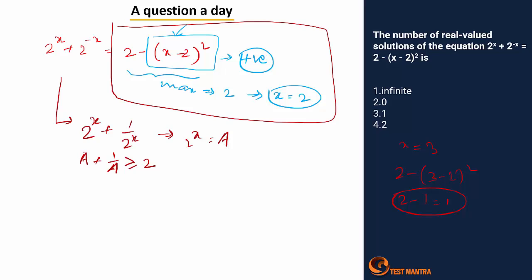So if we work on this side, it says that the left hand side has to be greater than or equal to 2, but if we work on the right hand side, it says that the value should be less than or equal to 2.